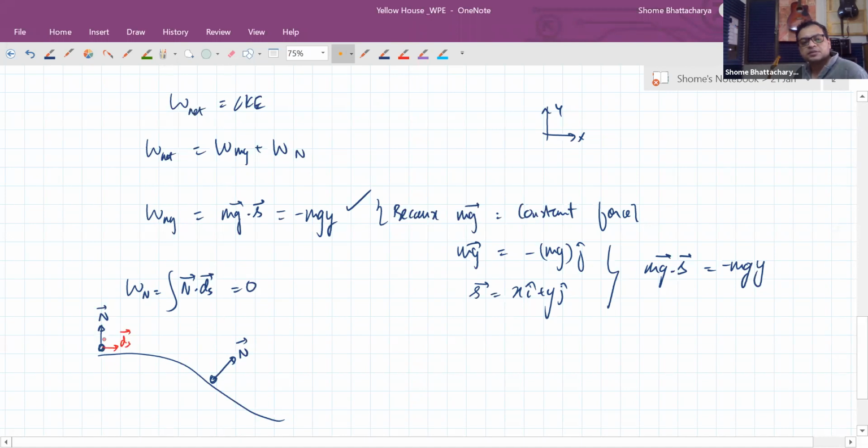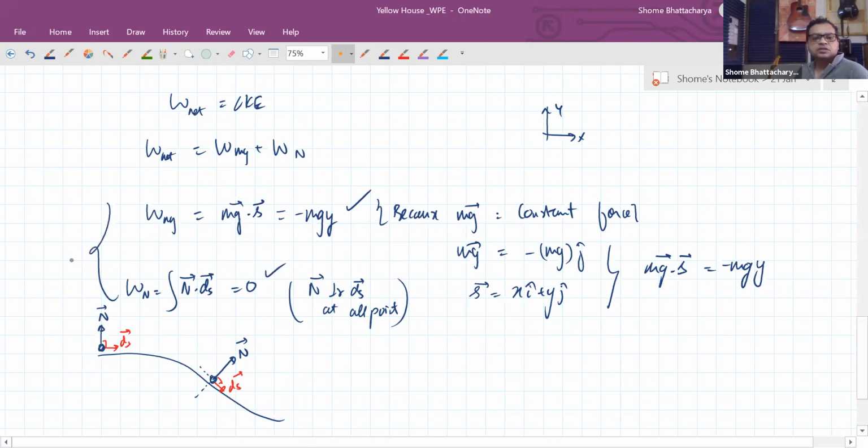Here the displacement will be along the tangent, so at 90 degrees to the normal reaction, because normal reaction always acts perpendicular to the tangent at the point of contact. So this will be zero, because n is perpendicular to ds everywhere at all points. Okay.